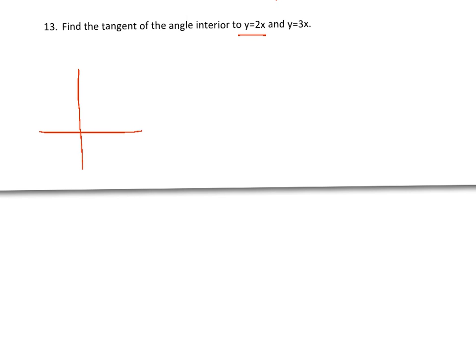If I want to draw the line y equals 2x, I know that it intercepts at 0, and the slope tells me that I go up 2 and over 1. So if I draw that line, I want to find the tangent of the angle that is interior to y equals 2x, which would mean this angle.